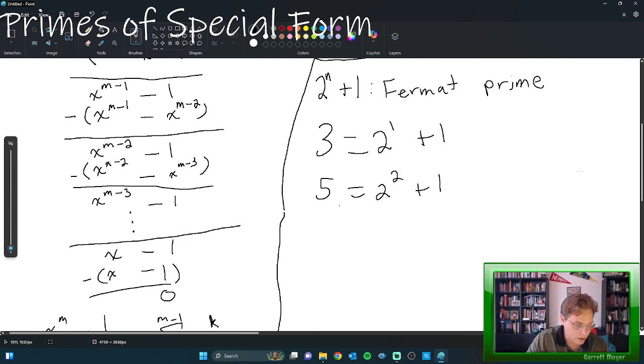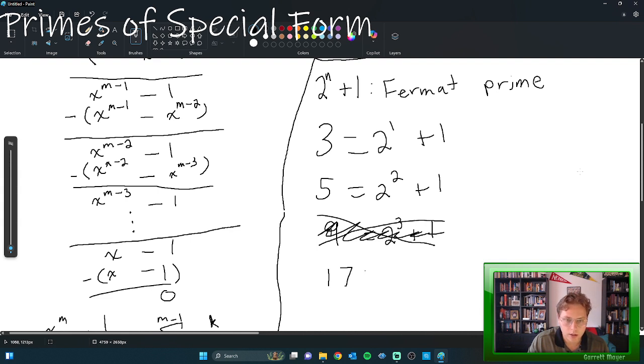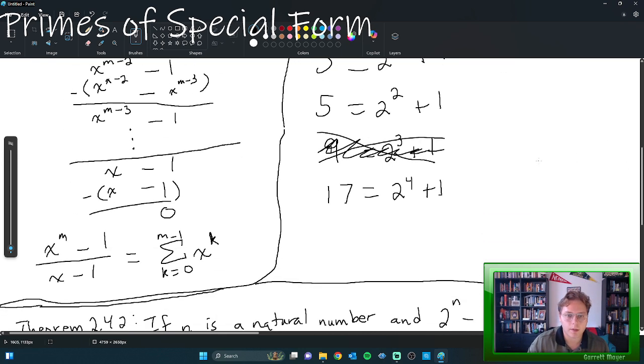Another example is, well, let's just keep going. If we just go 2 to the 3 plus 1, this equals 9. That's not a prime. That's not a Fermat prime. Okay, let's do the next number. So this next number will be 17 equals 2 to the 4 plus 1. 17 is prime, so it is a Fermat prime. And then we can keep going.